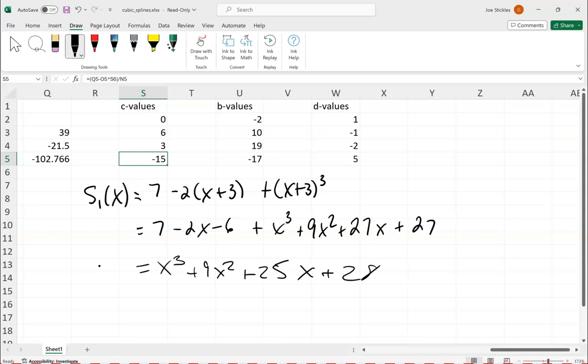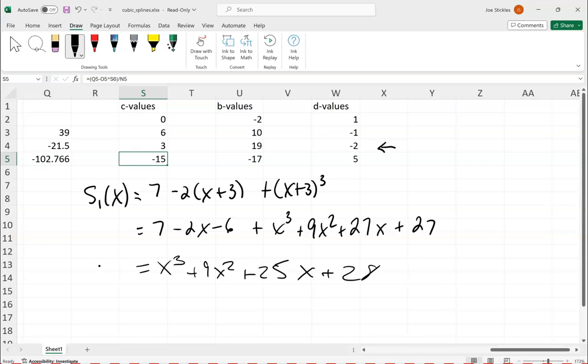Yeah. And you should be able to check the other ones too. Make sure that we really do have the same thing. The last one should be pretty straightforward to check. So this, you would use powers of x minus 0, right? This is the one that corresponded to the 0.